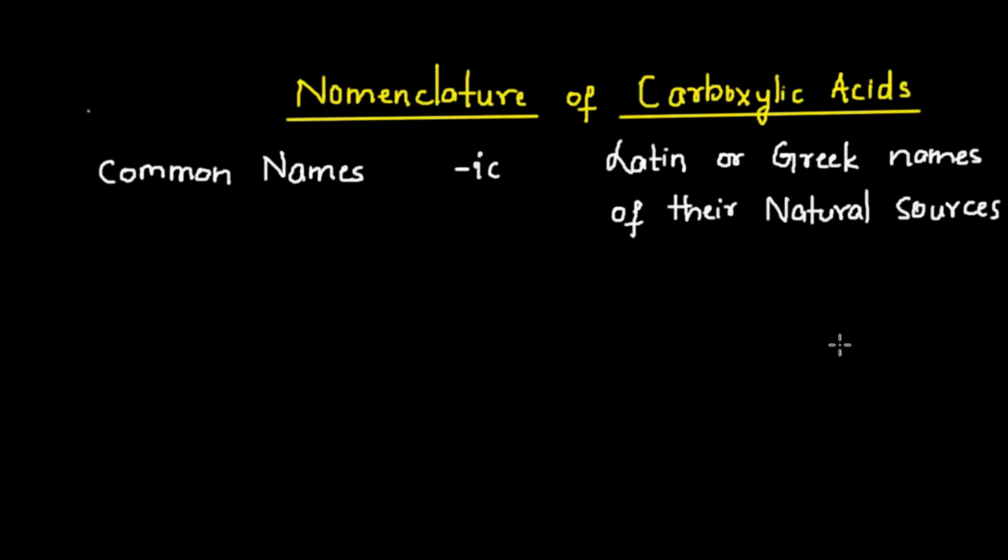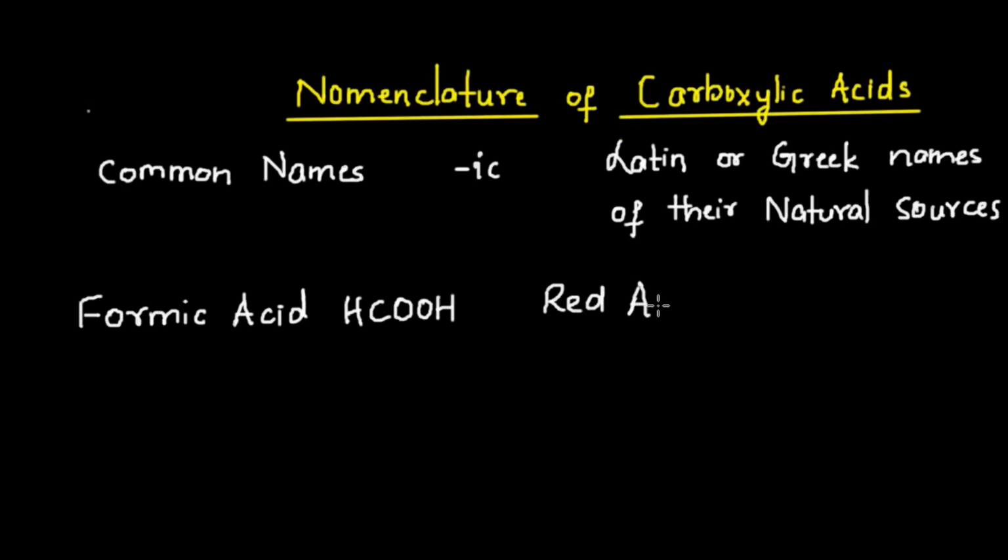For example, formic acid, which is HCOOH, is first obtained from red ants. And in Latin, formica means ants, and hence the common name of this HCOOH is formic acid.